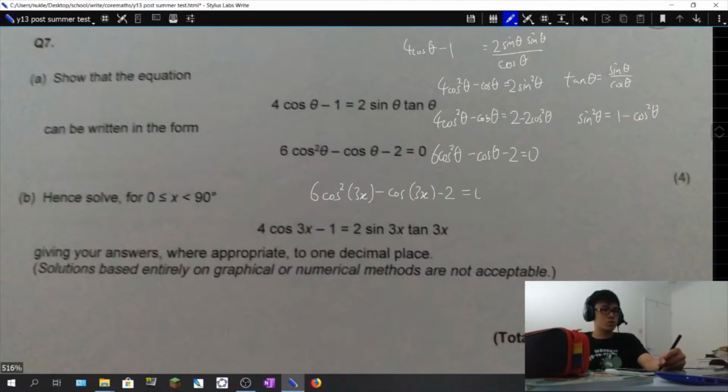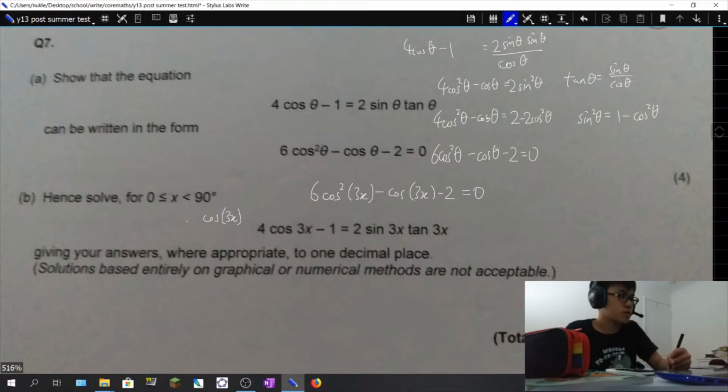That looks like a quadratic equation, because cosine squared just means the cosine all squared. So let's solve it. I'm just going to let y be cosine of 3x.